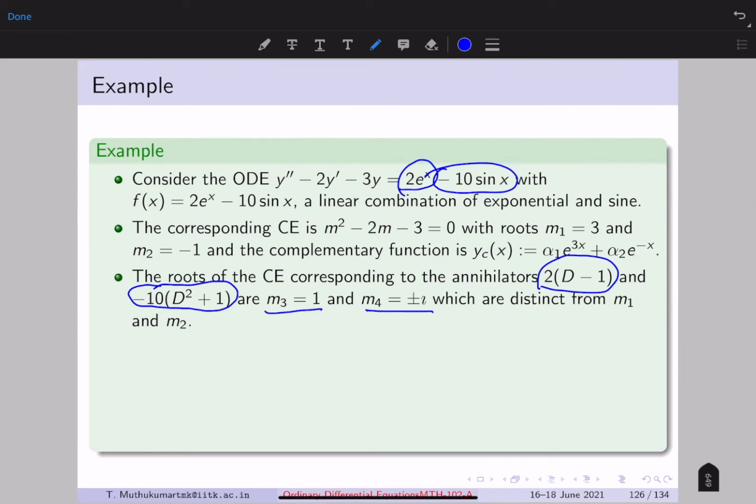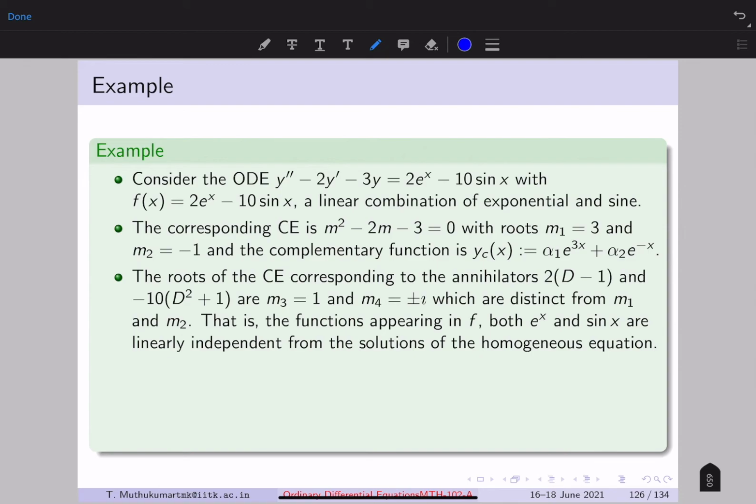And these roots are distinct from 3 and minus 1. So you have 3, minus 1, 1, plus i and minus i. These are the roots that we have.